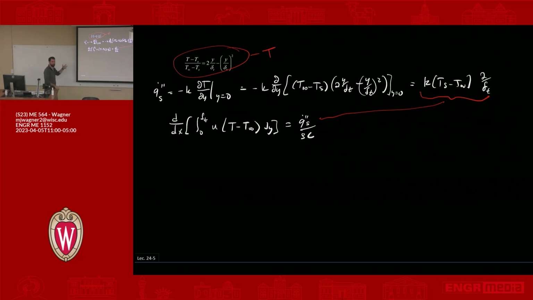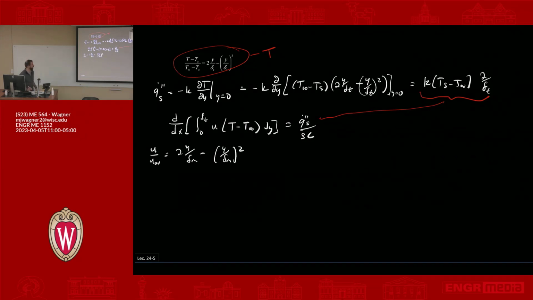It makes it easier. You've already done the work. But let's take a velocity profile and substitute that in. Let me just rewrite that. That was u over u infinity is equal to 2y over delta m minus y over delta m squared.